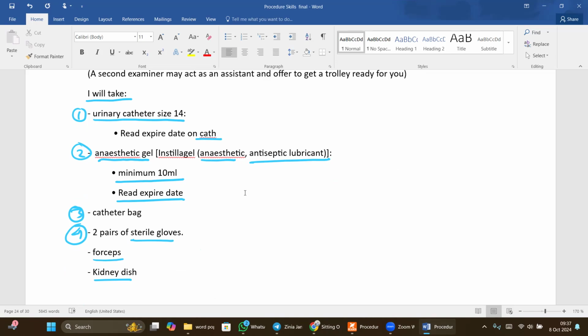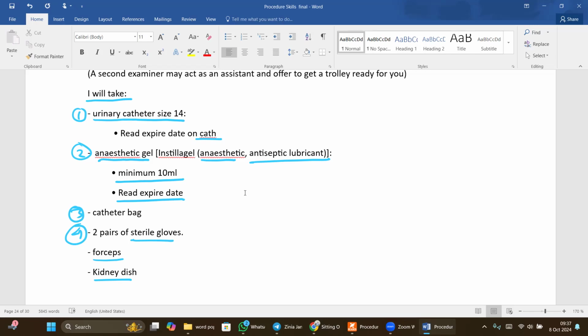But whenever we start, we need to say I need a sterile urinary catheter size 14. Then we take the catheter in our hand and say expiry date 26th February 2016, or whatever.